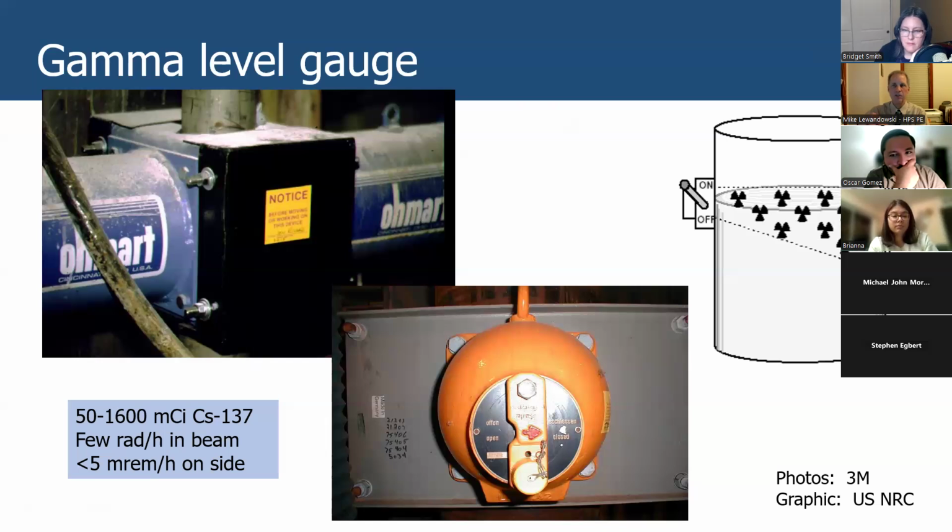And then as that material increases in the vessel and covers the high-level detector, that tells us that the level of the material is up to the higher detector, which gives us an opportunity to stop filling the vessel. So this is a way to keep from overfilling and spilling chemical materials.